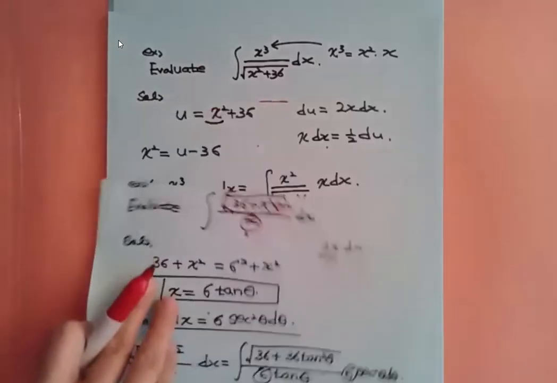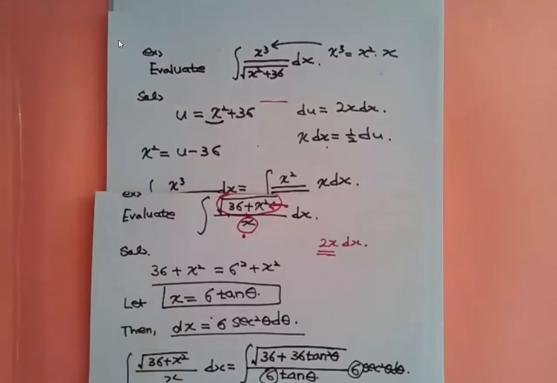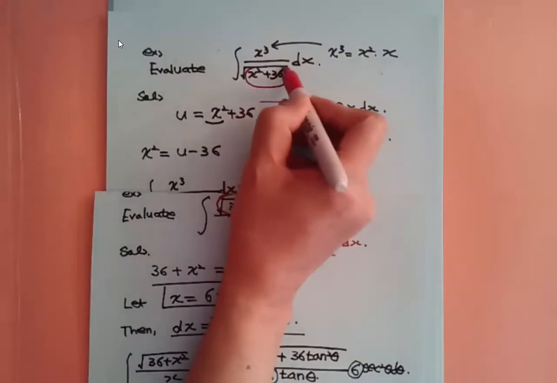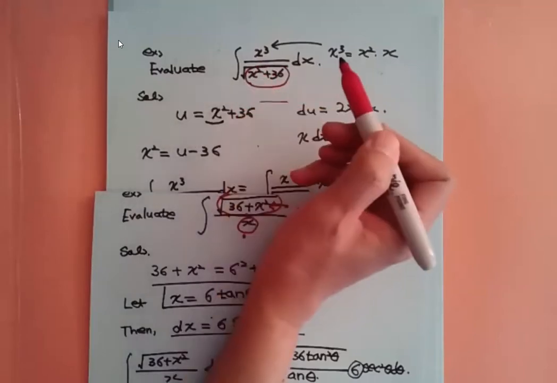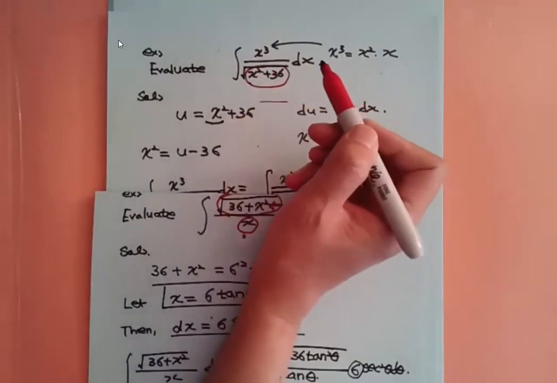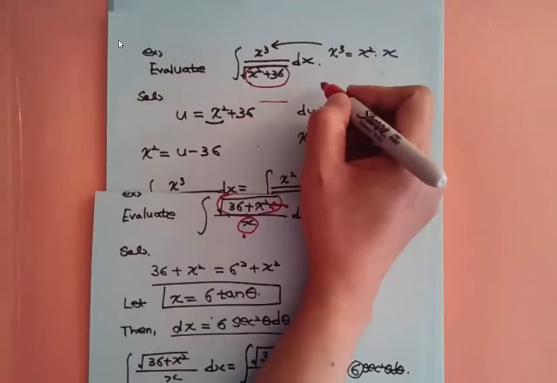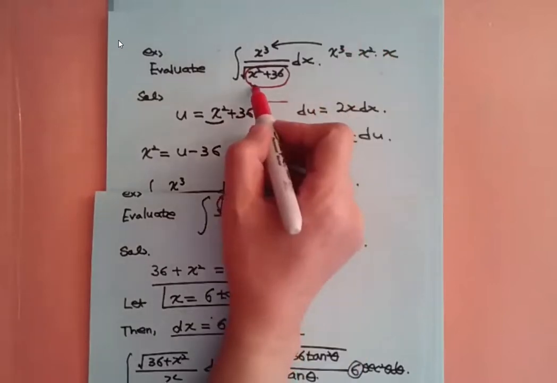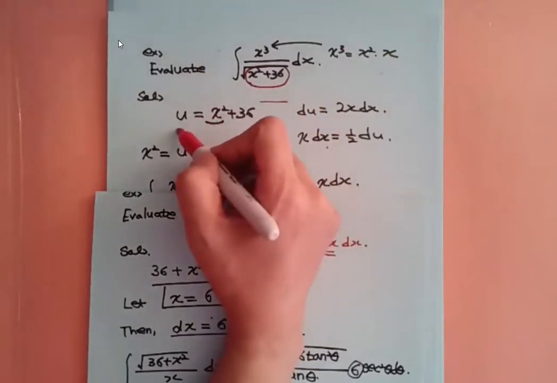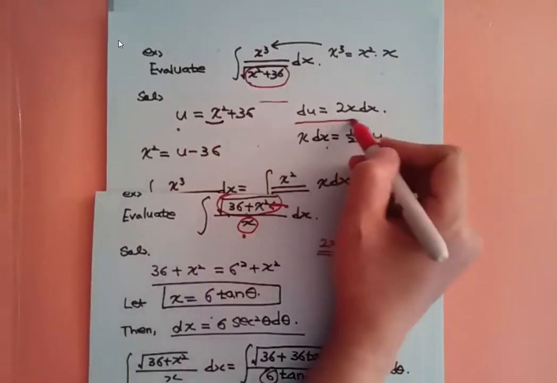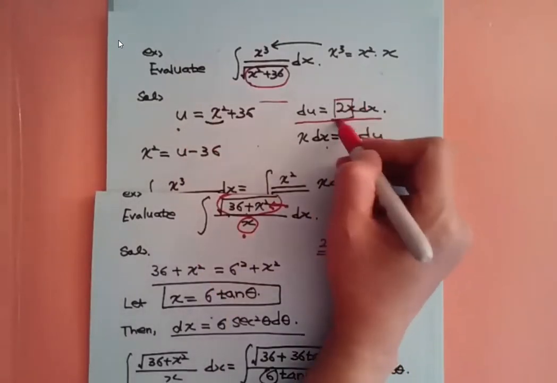But in this case, the green sign is that a square root of this one appears in the denominator. So the way you will think about this is, oh, let's just put this one as u. Then when you differentiate, du is 2x.